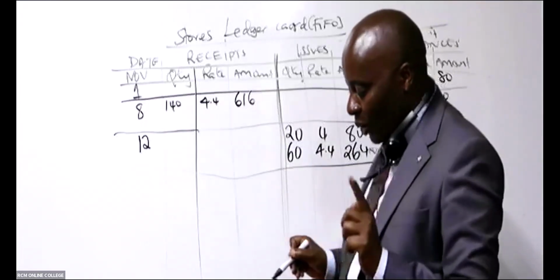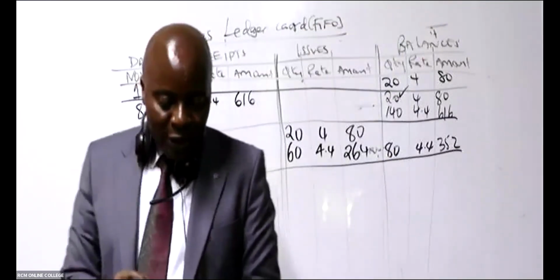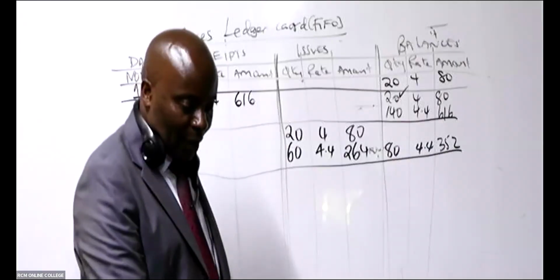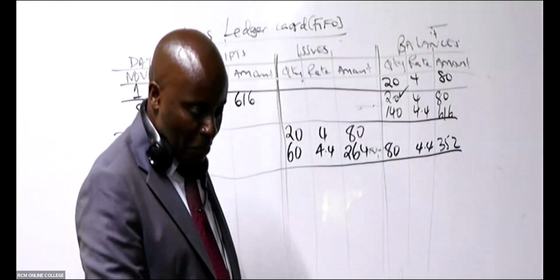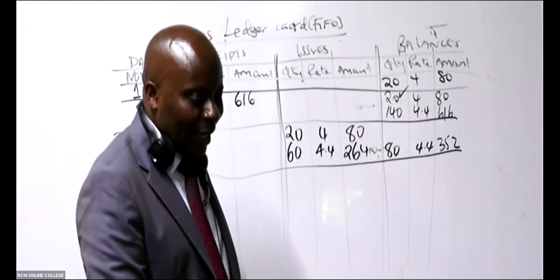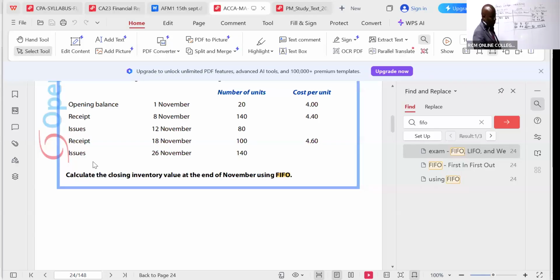We go, ladies and gentlemen, to the next one. The next one now, what happened? Let's reason together. We received. I love receiving. So remember the date is 18th now, right? What do we do on the 18th?